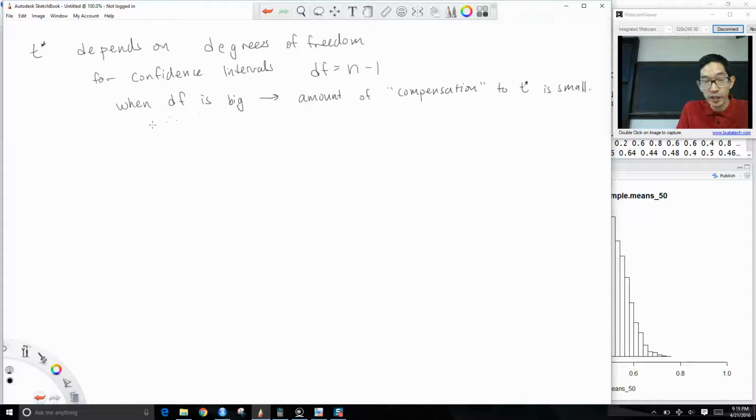And when df is small or low, the compensation to t star is big. So t star depends on the degrees of freedom and also our choice of confidence level.